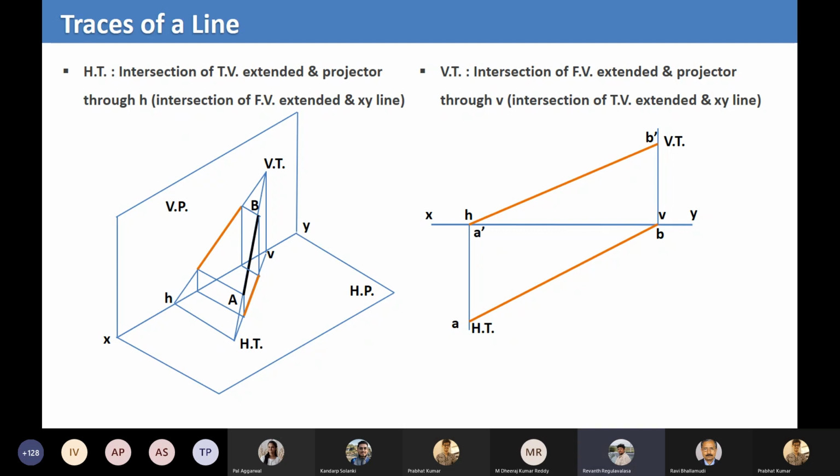I'll just repeat this: small v is the projection of the vertical trace on the XY line. Similarly, for the horizontal trace there is a projection also on the XY line, which is represented as small h.